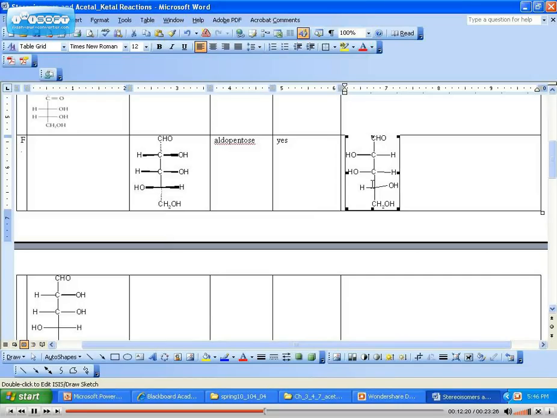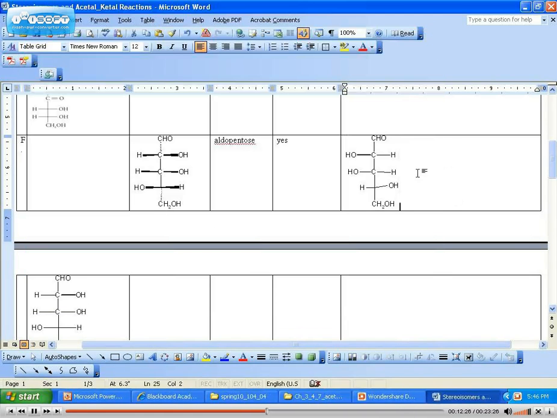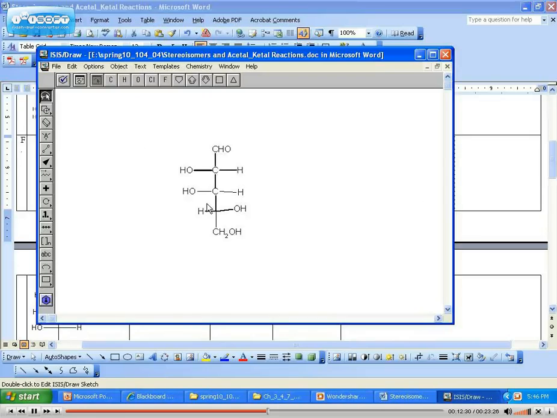Now I'm going to create the same molecule, only in wedge dash form, right next to it.